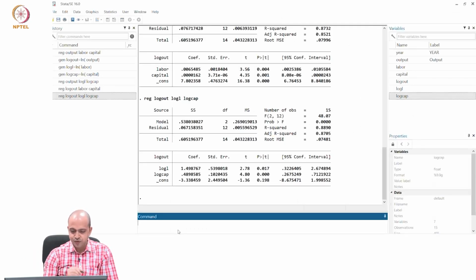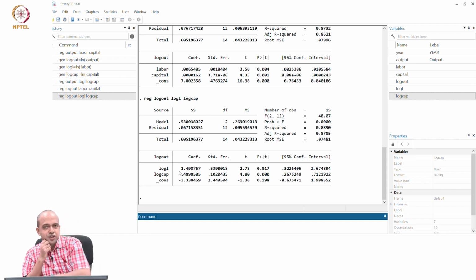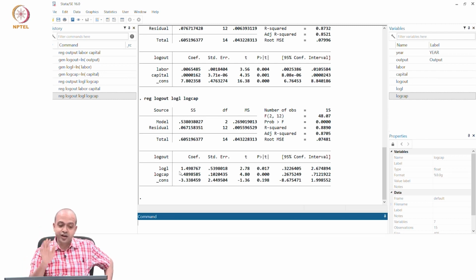And if you go back, here we see that the coefficient of labor is 1.49. What does it mean? It means for a 1% change in your labor, output changes by 1.49%. You have to clearly keep in mind, generally we commit a mistake, we again multiply this by 100 and say that for a 1% change in labor, output changes by 149%, which is absurd.